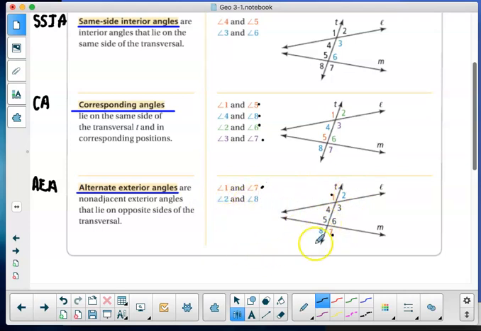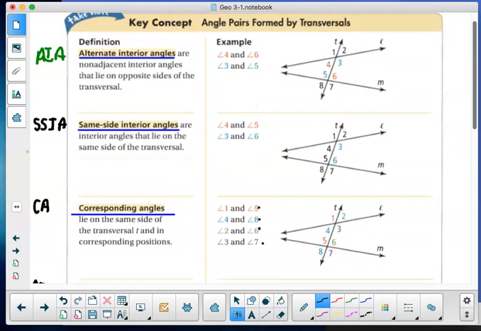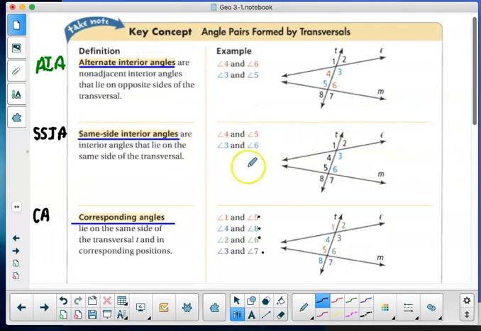Angle 2 and angle 8 is another pair of alternate exterior angles. Now keep in mind, there are 4 pairs of corresponding angles, there are 2 pairs of same side interior angles, and there are 2 pairs of alternate interior angles.